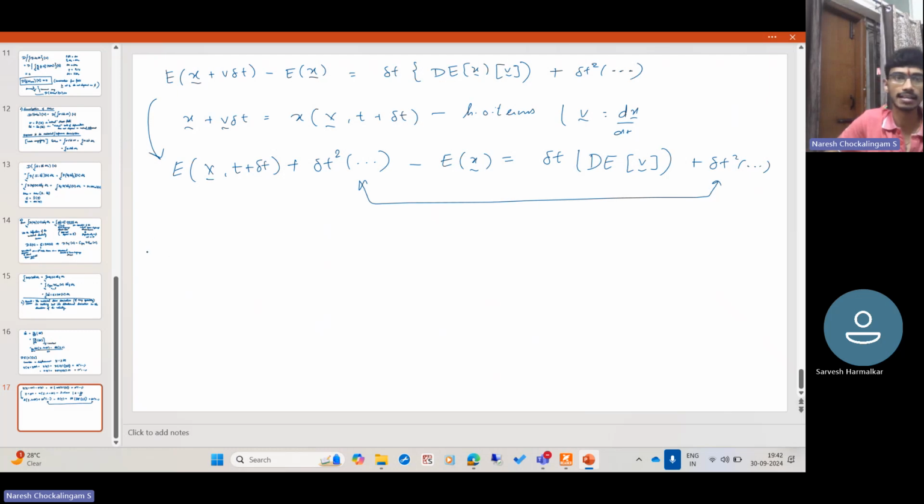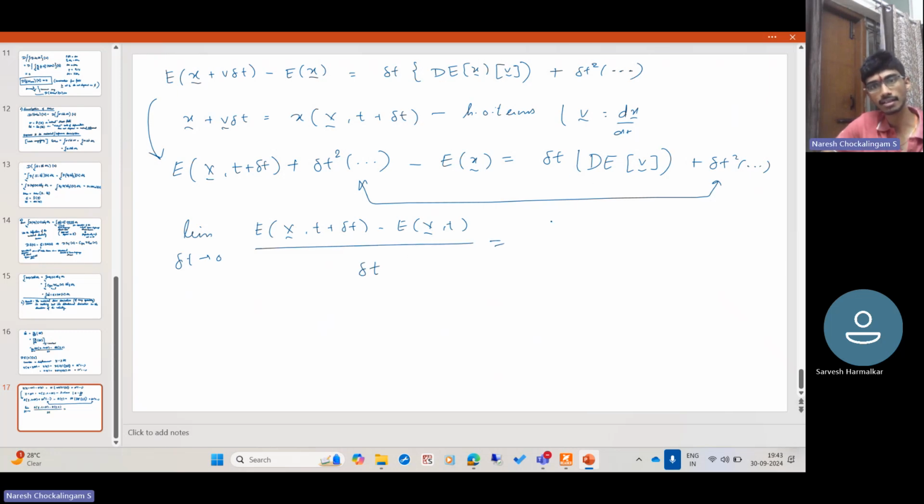Divide throughout by delta t and take the limit delta t tends to 0. So this means e of x comma t plus delta t minus e of x comma t, divided by delta t, is equal to, there is a delta t here that goes away, you get the directional derivative of e of x comma t in the direction v plus delta t times something.